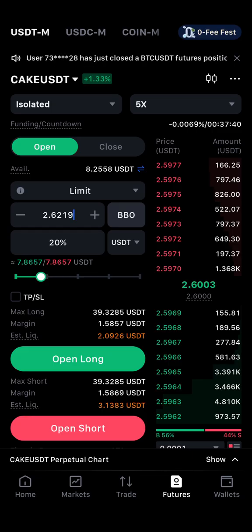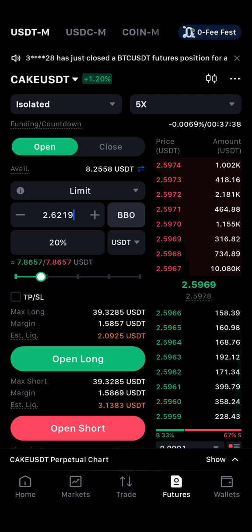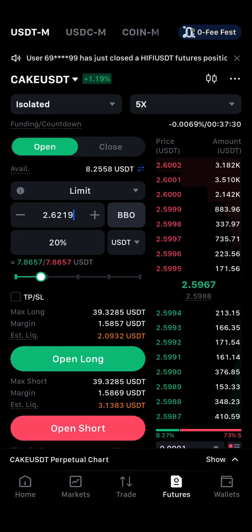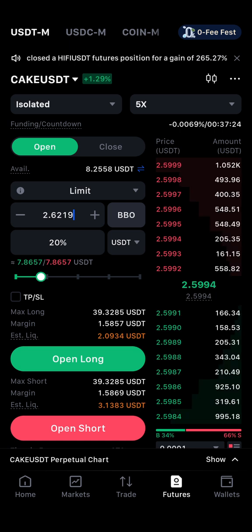When you go with 20% of your portfolio, what it means is that you are committing 1.5857 of your 8 point something dollars as locked money. Are you getting the point?